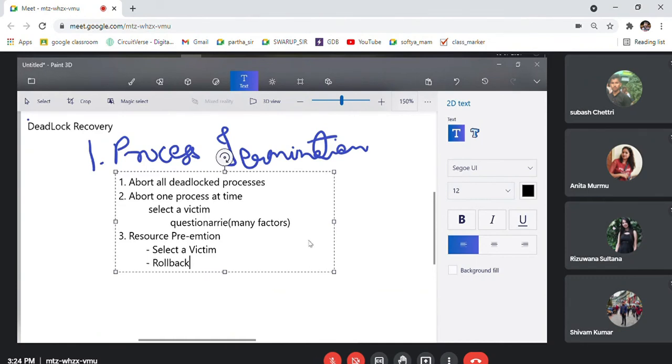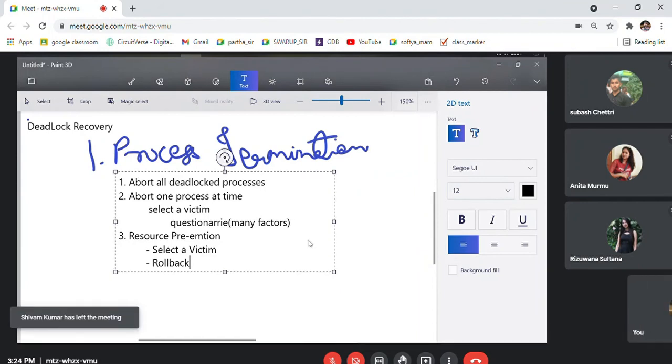To whom will you give that printer? That also has to be decided. Also, instead of doing that, you can roll back and tell the process to start again from the beginning.